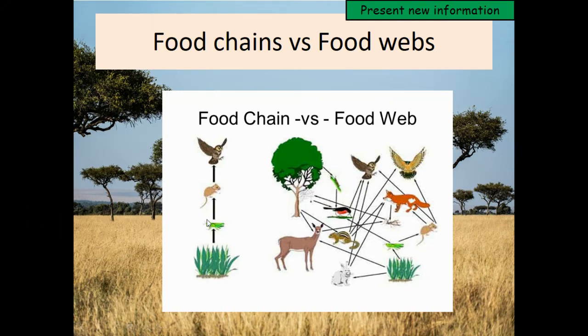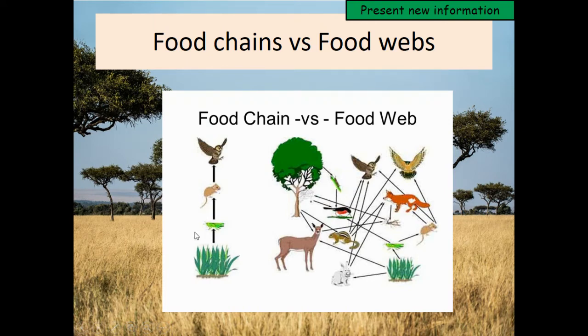You will then move up the chain to the secondary consumers, the top of the food chain. There's that saying, top of the food chain, that's what a food chain is.